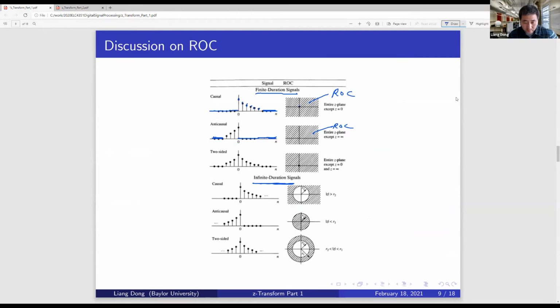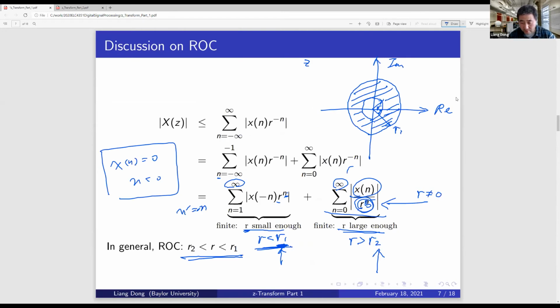If it's a causal signal, this is all 0. As we suggested before, if it's causal, that means you don't have an outer bound. The outer bound is infinity. But because I have an infinite duration, this goes on. So r should be greater than or equal to R2. It's the outside, the exterior of a circle. This circle is coming from this power term.